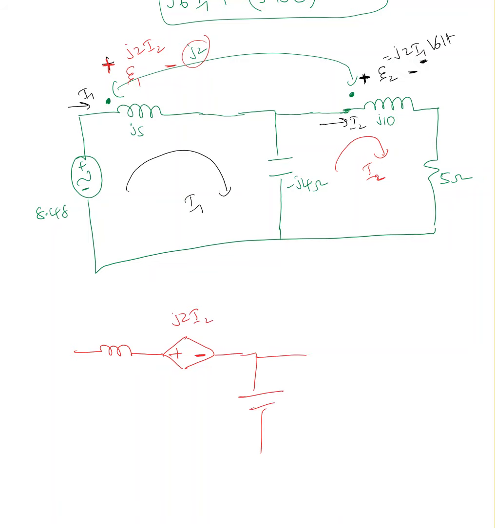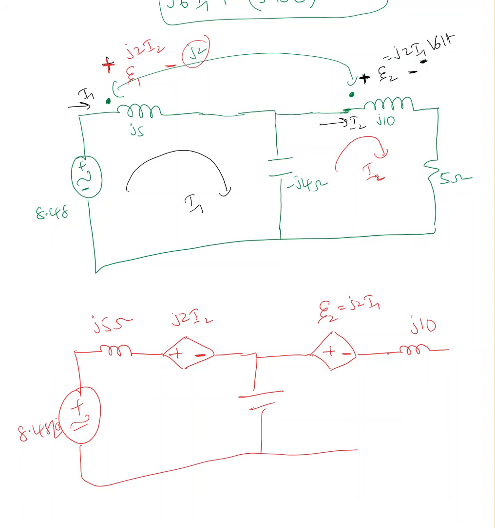Okay, and I have capacitance, and here I have plus and minus E2, which is J2 I1, J10 ohms, J5 ohms, 8.48 volts at an angle of 0, and 5 ohms. Now I don't have these dots and the arrow.